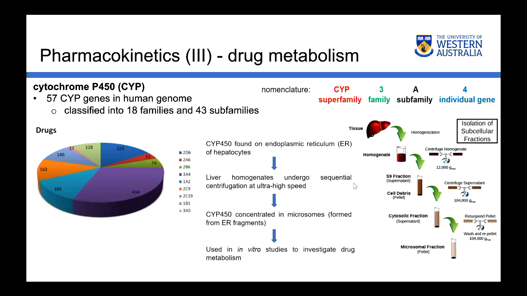Now I'm going to look at the right-hand side. It's an in vitro assay to look at whether a drug undergoes CYP-mediated metabolism. So this is a preclinical study in vitro.